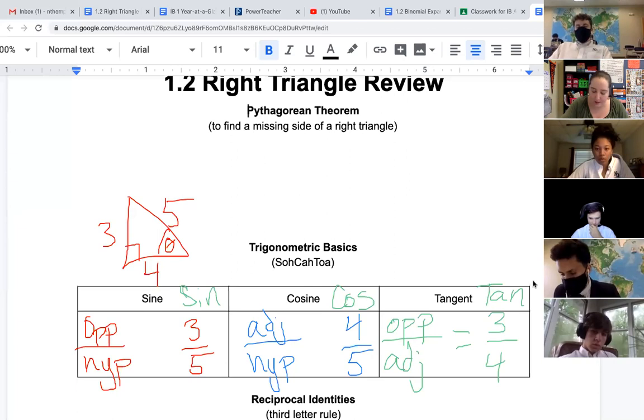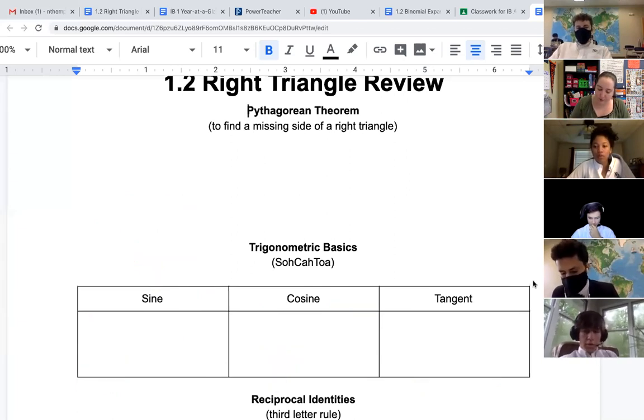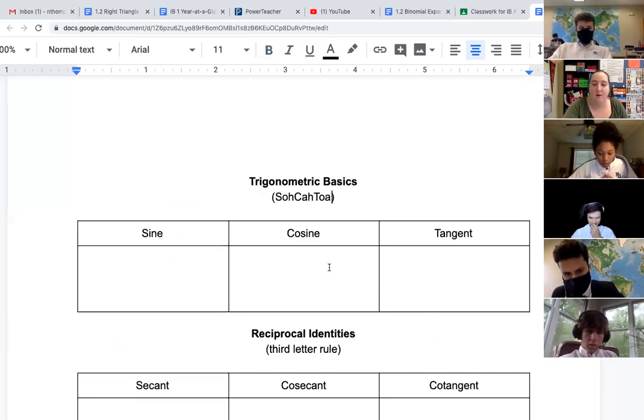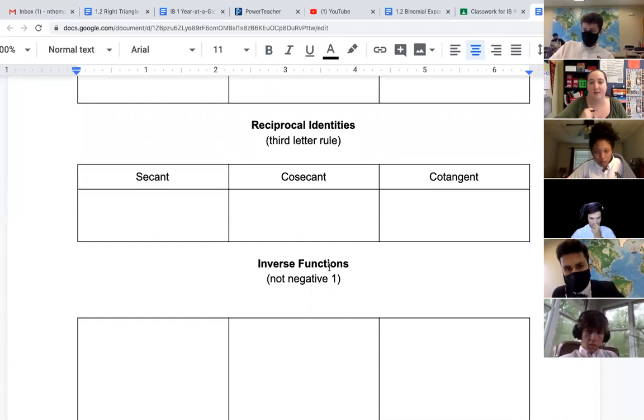Cool? Okay, so on that note, have you seen the reciprocal identities of secant, cosecant, and cotangent? Have you all learned that? I know we went over secant with Mr. Mooley Master in 9th grade, but I don't think we went over that ourselves.